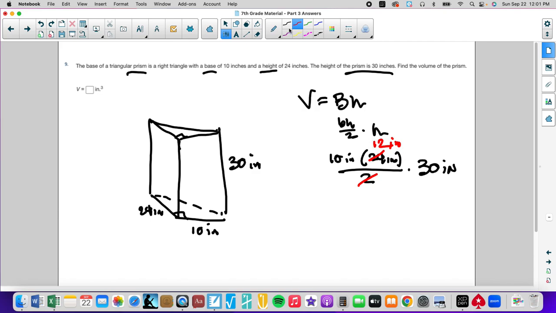I'm probably going to multiply 12 inches times 30 inches, which is 12 times 3 is 36 with the 0, which is inches squared. And then I'm going to multiply it by the 10 inches because I can do that number a whole lot easier without using a calculator. So we're going to say that the volume equals 3,600 inches cubed. Nice. No calculator. We just use logic here and simple math.